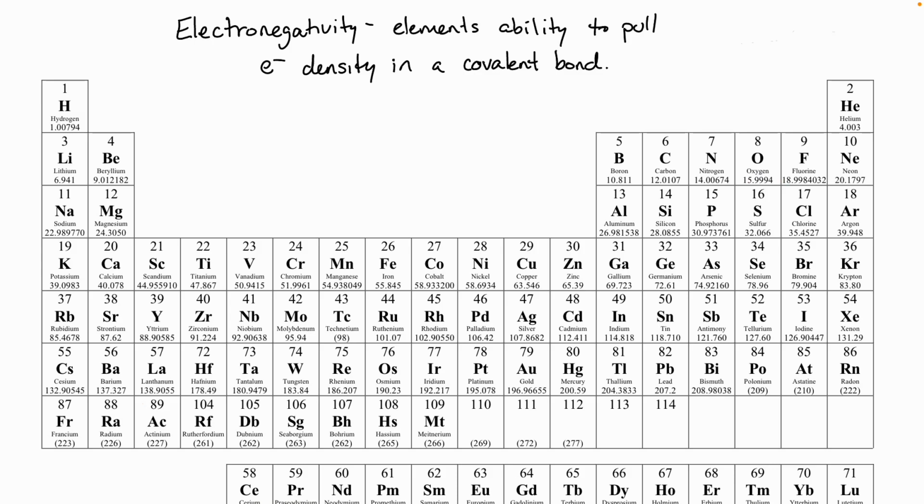And which element on our periodic table is our most electronegative, is the best at tug of war? Fluorine. Everything points towards fluorine. Fluorine is the most electronegative element. And you can tell how electronegative all the other elements are based on their proximity to fluorine. The closer you are to fluorine, the more electronegative you are.